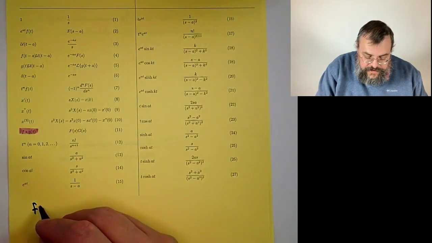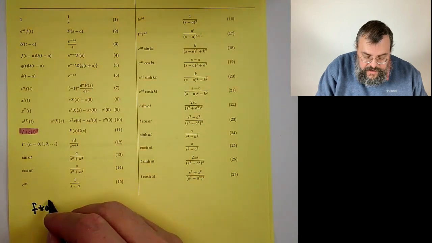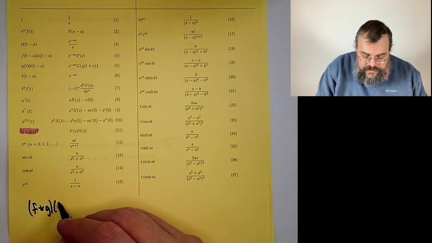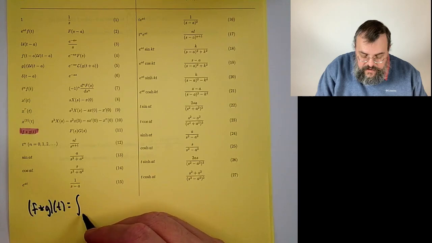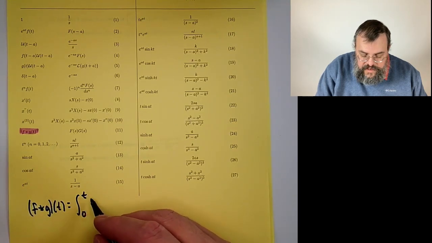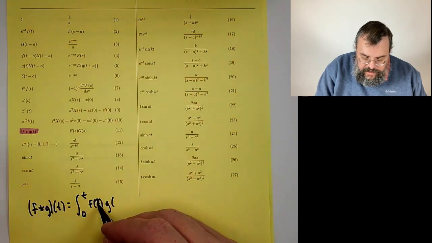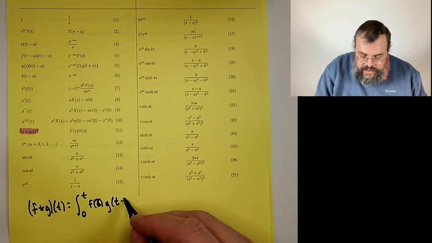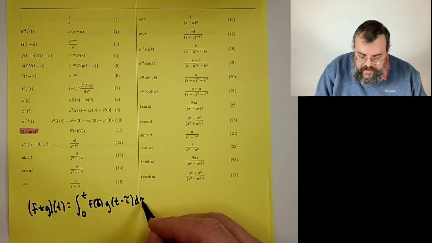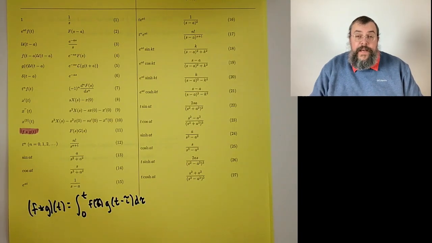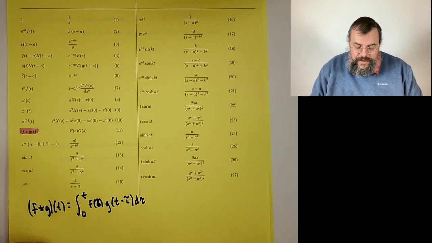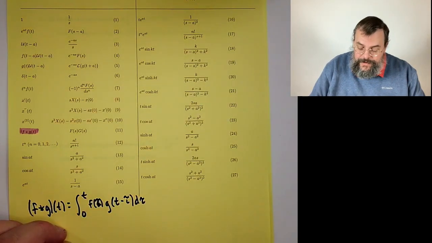We didn't give you the formula for it, but it's the following. F star G of t is the integral from 0 to t of f of tau, g of t minus tau, d tau. That's convolution.